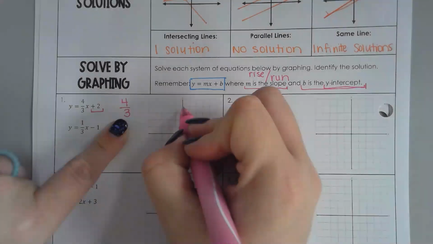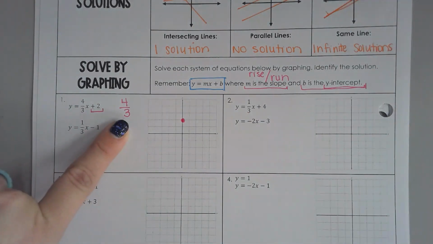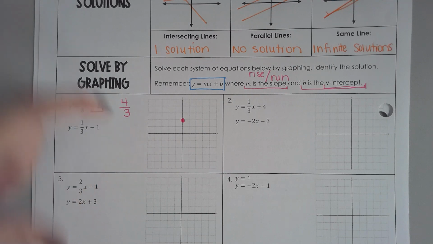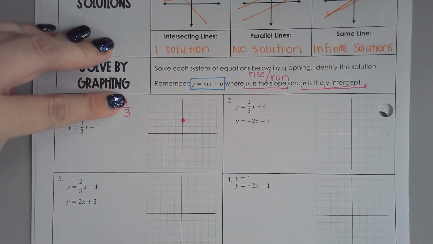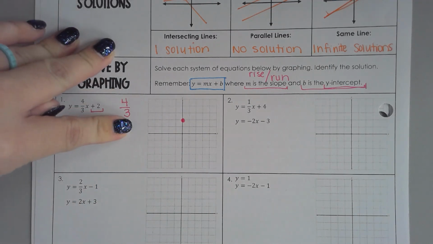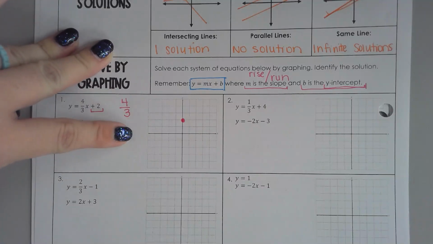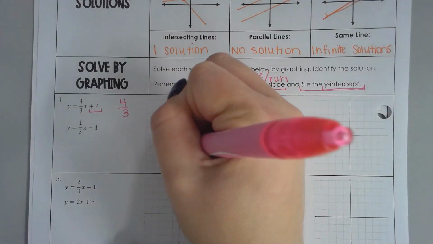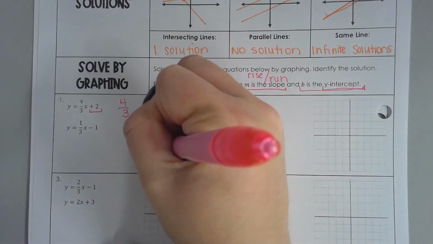What happens on this graph when I try to count up 4? I run off. All right, so if that happens, you can switch your directions. You can switch both of them. So instead of going up right, you go down left. And it ends up being the same. So down 4, left 3.